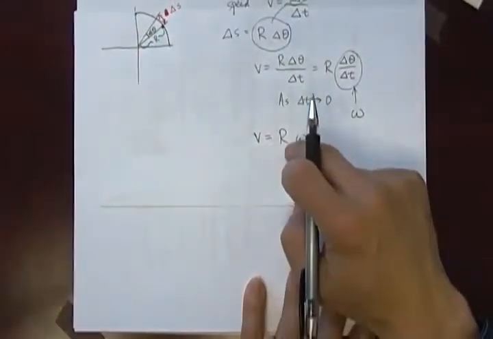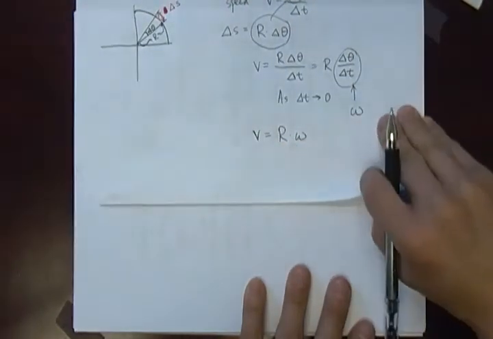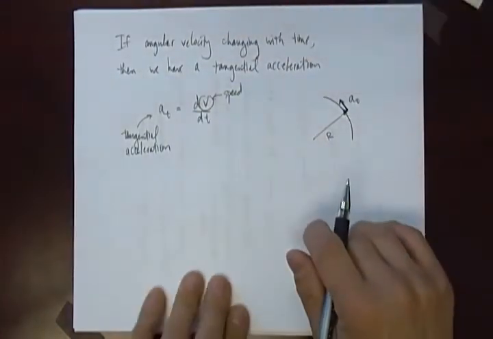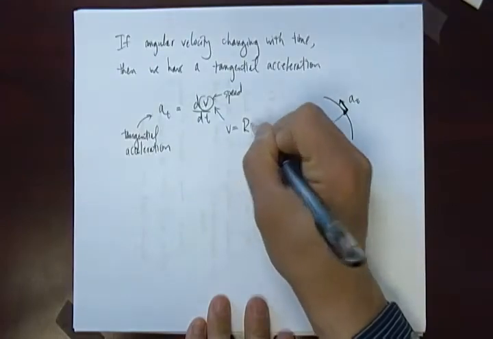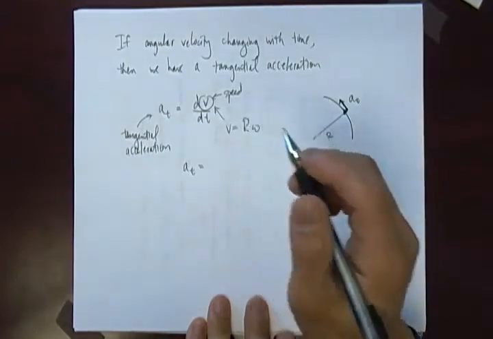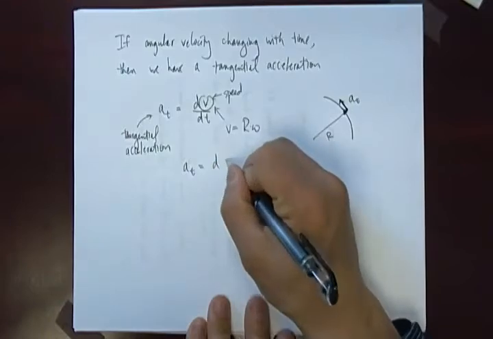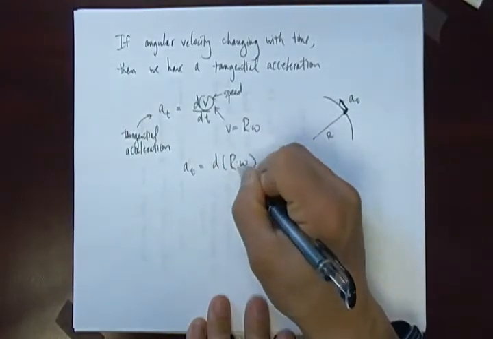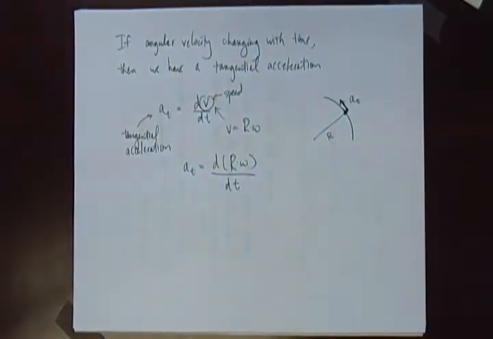But now what we can do is take this formula we just derived, that v is equal to r times the angular velocity, omega. Then the tangential acceleration is the time derivative of r omega, d(r omega)/dt.